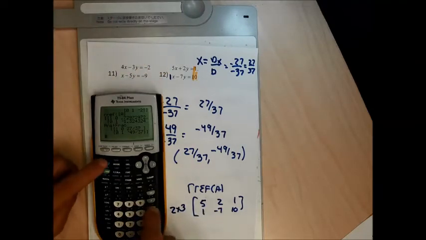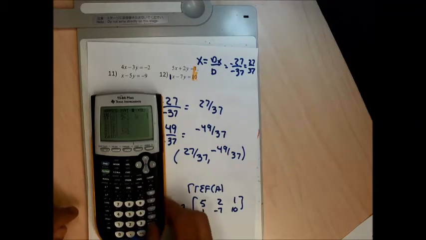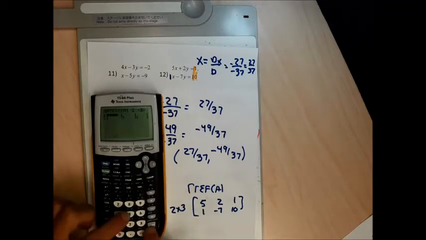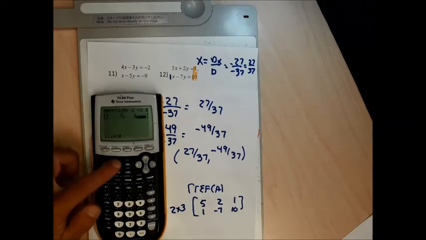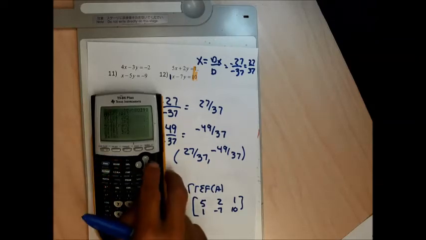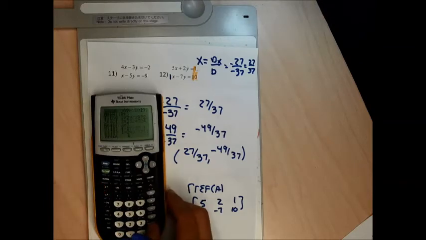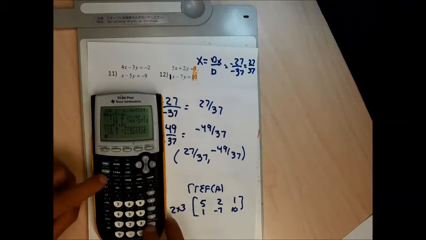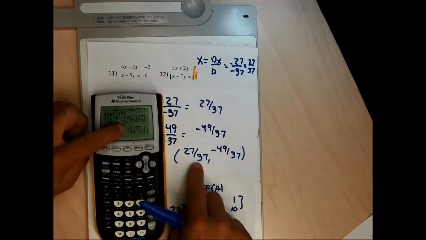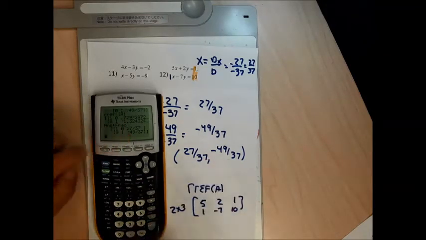I'll do it again though. Second matrix, edit, 2 by 3, and then 5, 2, 1, 1, negative 7, 10. Then second, quit. Second matrix, math. Go down to RREF. Then second matrix, names, enter, math, and enter twice to get the fractions. And you'll see x is 27 over 37, y is minus 49 over 37.